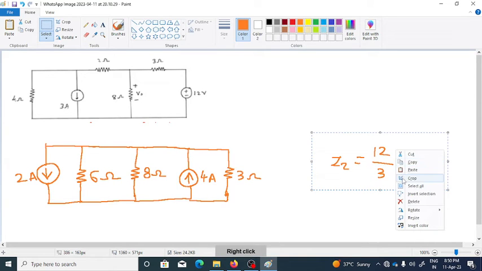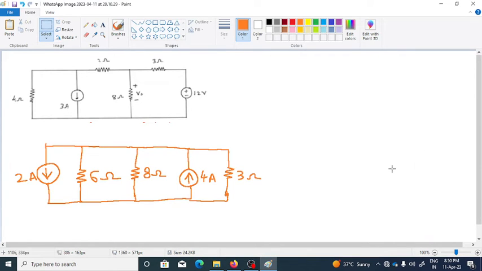So now, further what I need is, we are interested to find out the voltage drop across this 8 ohm resistance. This voltage we are interested to find out, right? So as decided, we will not disturb this 8 ohm resistance.